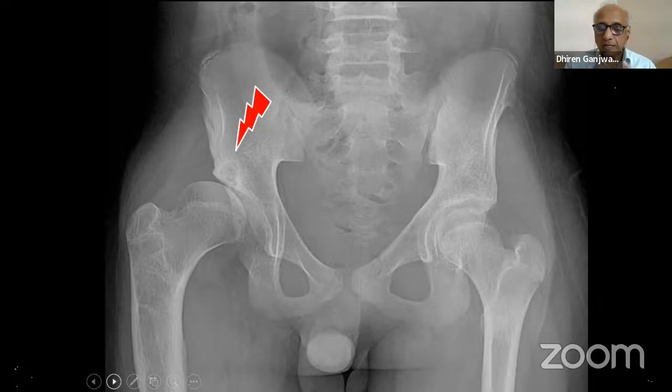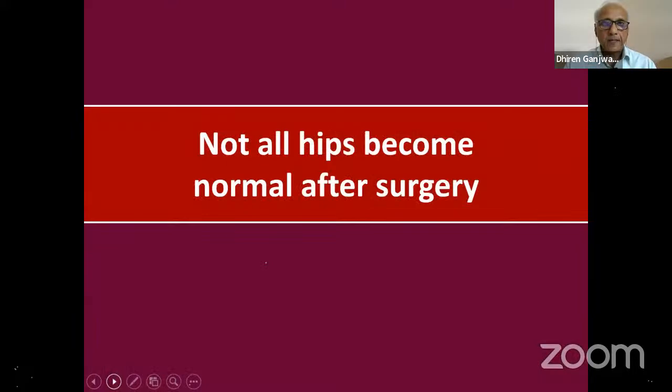And I'm sure that in next few years, the child will require some sort of surgical intervention, either periacetabular osteotomy or the total hip replacement. That all depends on the patient and the orthopedic surgeon. But this hip has really become a problem. So on one side, on the left, the surgery has given excellent result, but not on the right. So the point is, not all hips become normal after surgery.